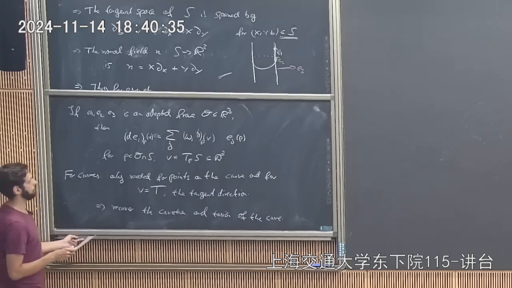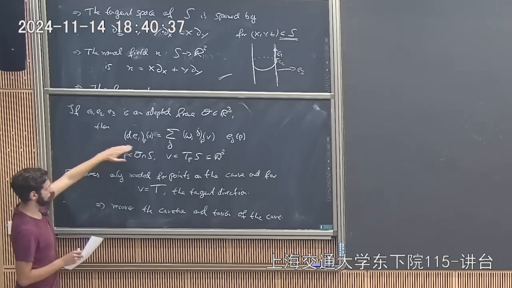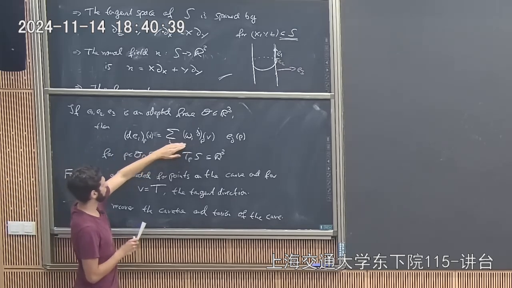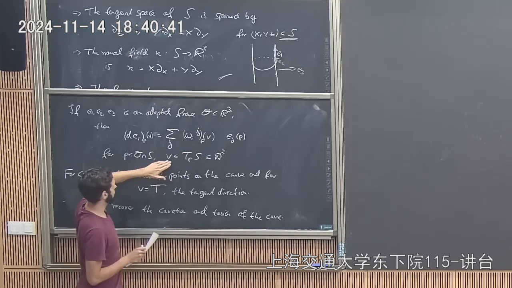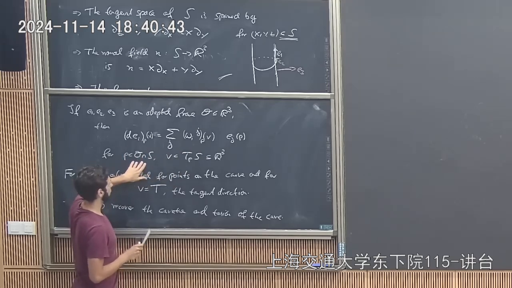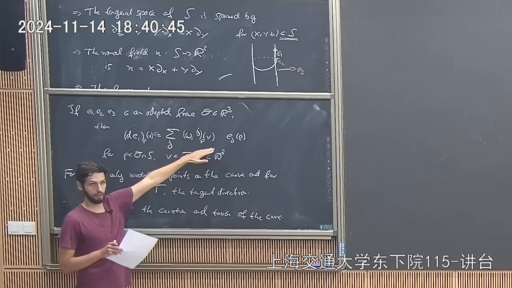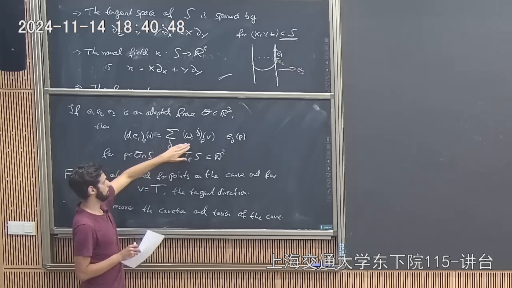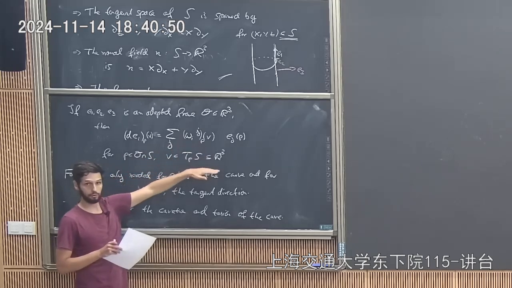But here it's a bit more tricky. What we now have is essentially, if you restrict it to V and to this open subset, a one form that is defined locally on the surface.